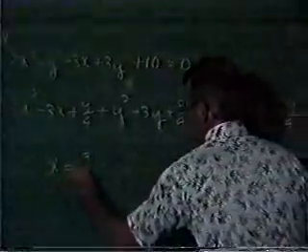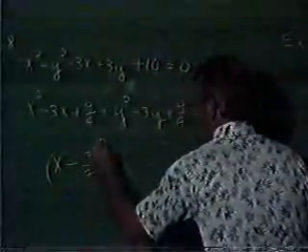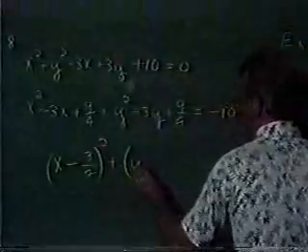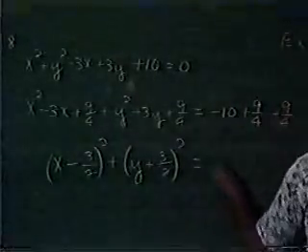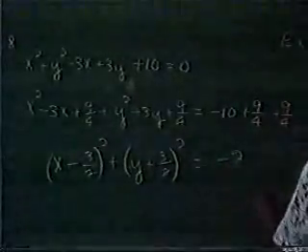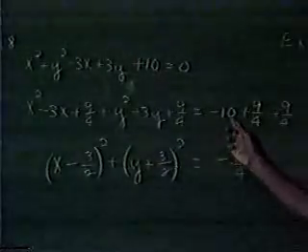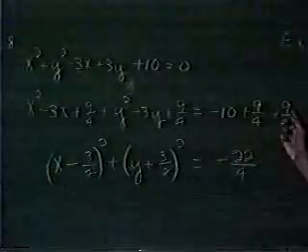Got to add 9/4. Over here then we have x minus 3/2 squared plus y plus 3/2 squared is equal to minus 22, I think, fourths. This would be a minus 40 fourths plus 18, which would be 22, a minus 22 fourths.